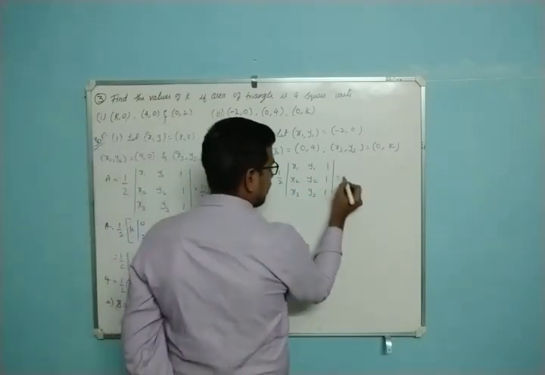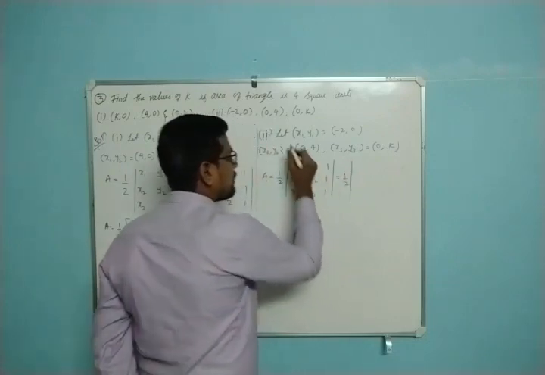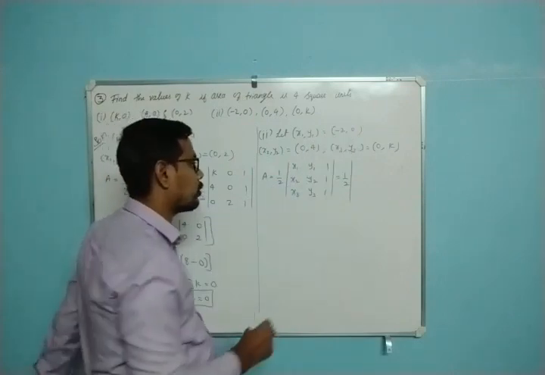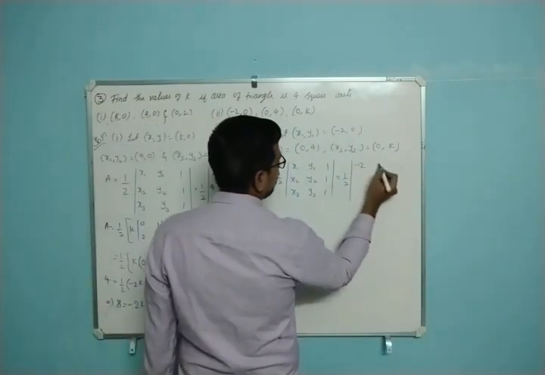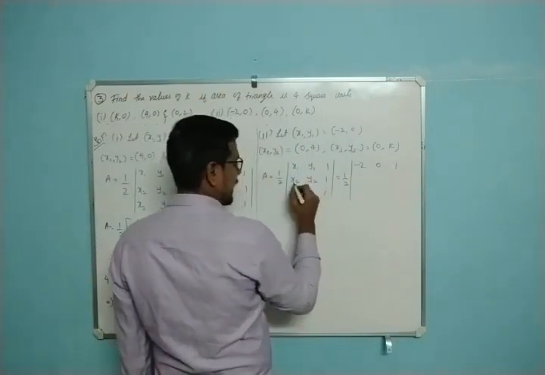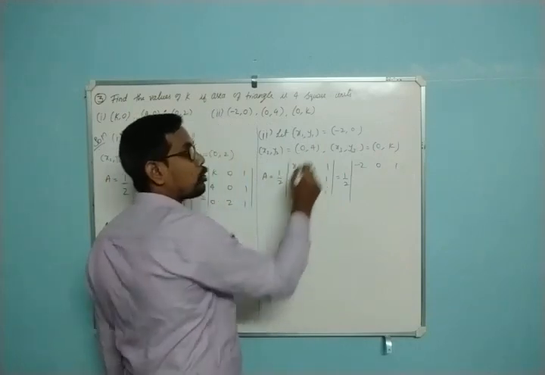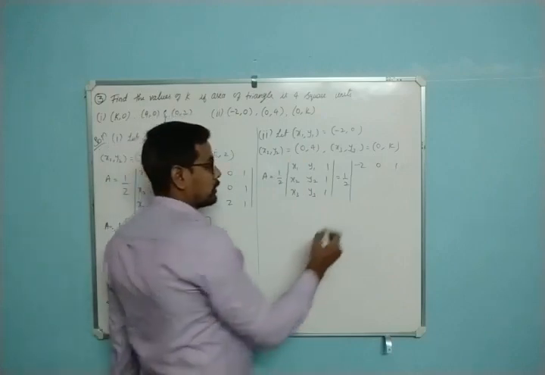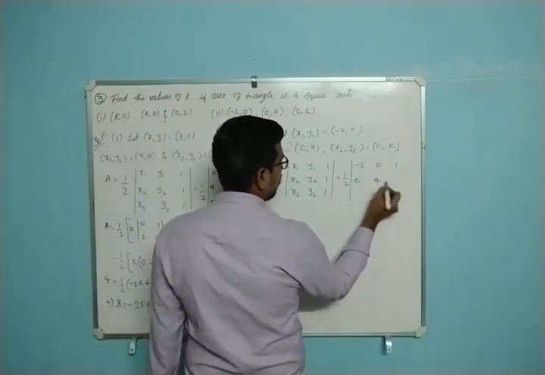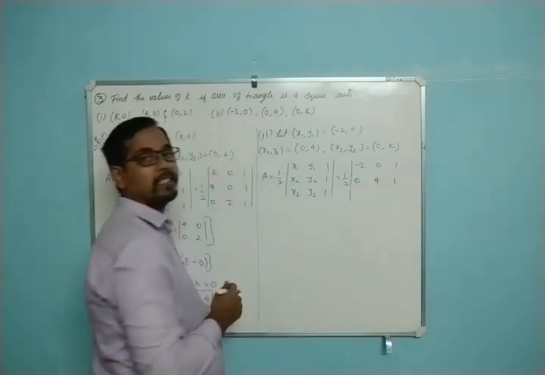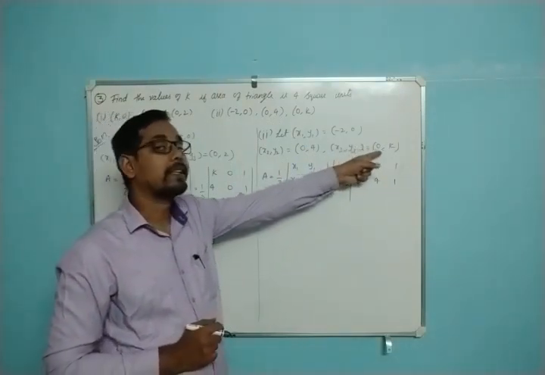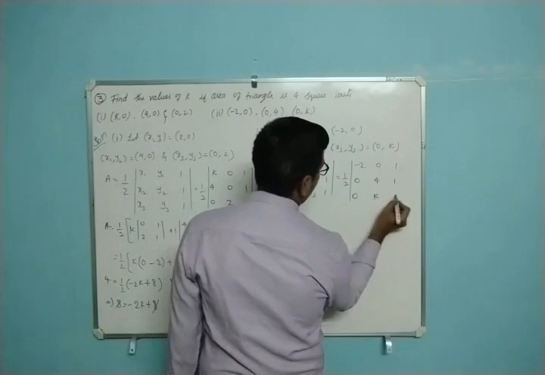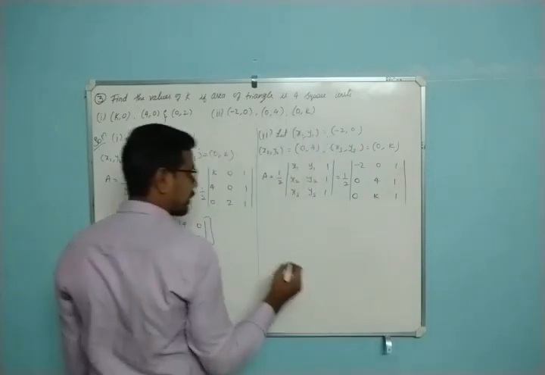This is nothing but half into: x1 y1 here is minus 2, 0, so minus 2, 0 and 1 as it is. x2 y2 is 0, 4, so 0, 4, 1. And x3 y3 is 0, k, so 0, k, 1.